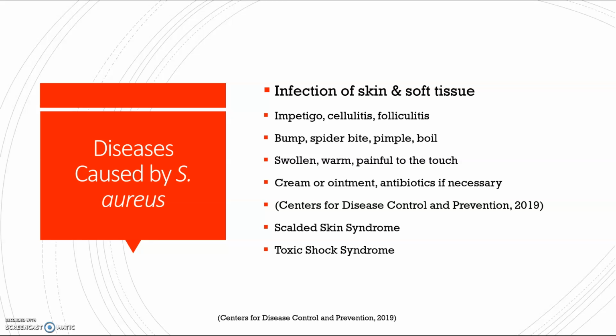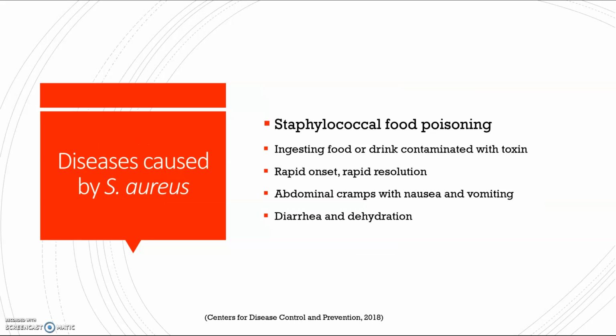That's the name, scalded skin, and your skin starts to slough off. It usually happens in kids under the age of 5. But that is a little more serious infection, or toxic shock syndrome, which is also from toxin from S. aureus.